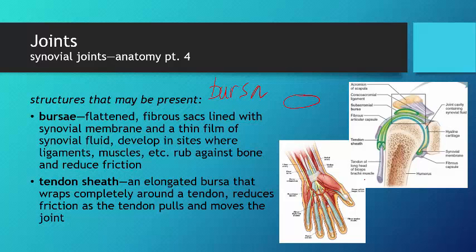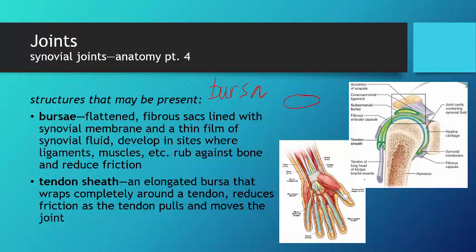So there you have it, the anatomy of the three different functional classes of joints. Let me just check. Yes, here we are, the fibrous joints.